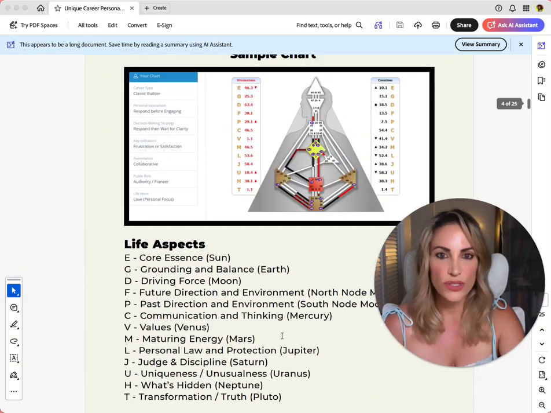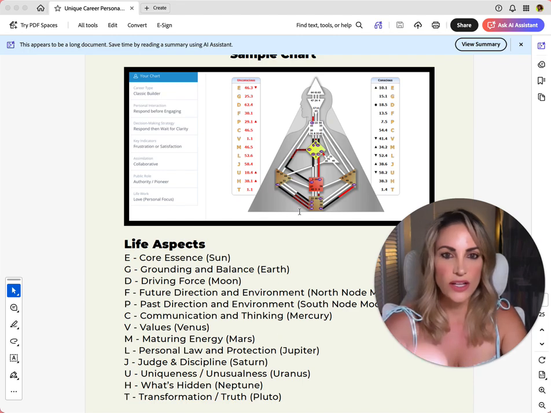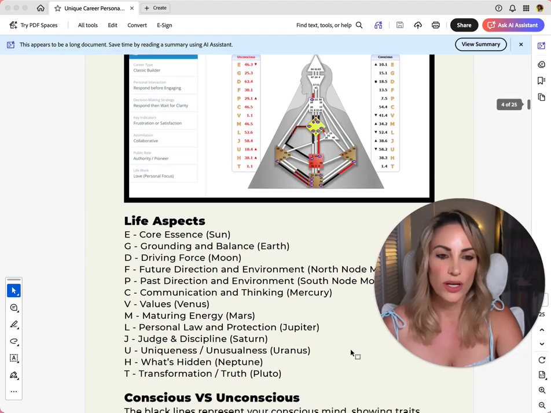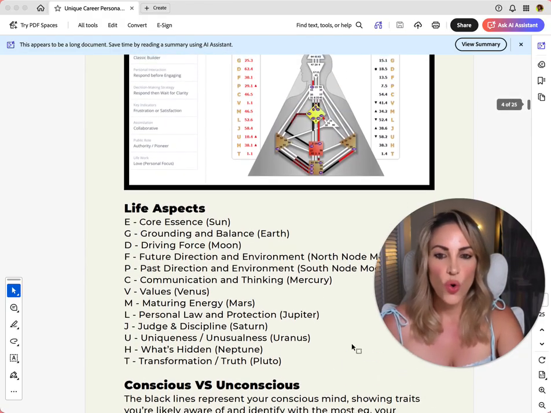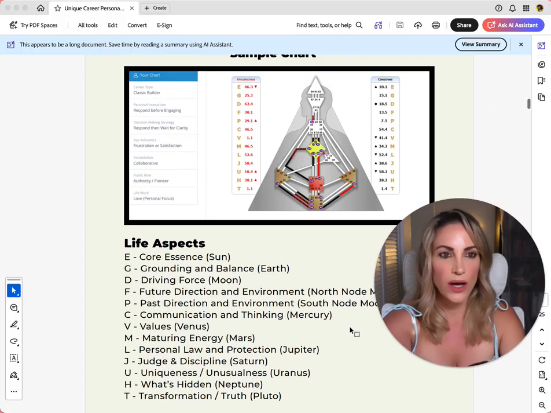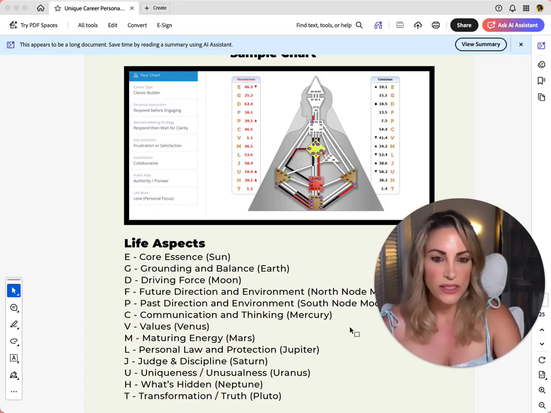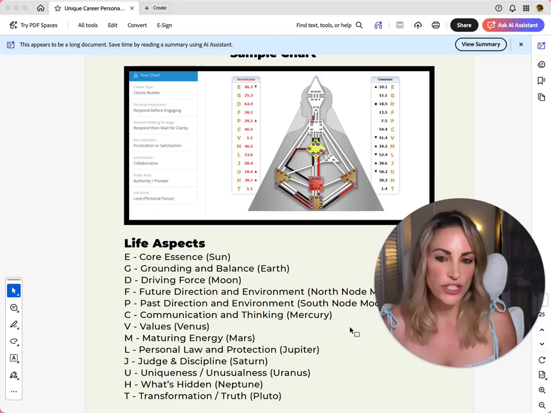So the first thing you'll see on your chart is all these letters, and in this guide, it shows you what they stand for. So your core essence is E on your conscious side on the right and the unconscious side on the left. Grounding and balance, which is the earth energy, is G.